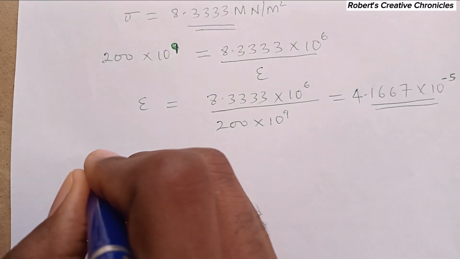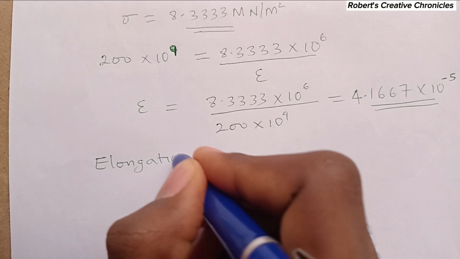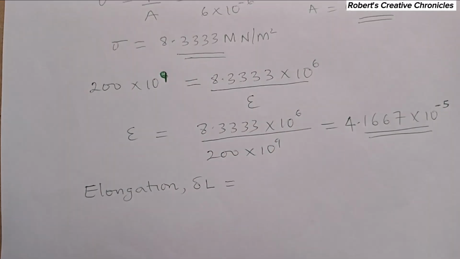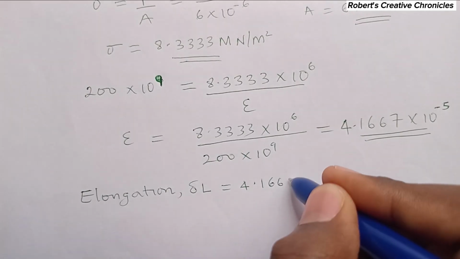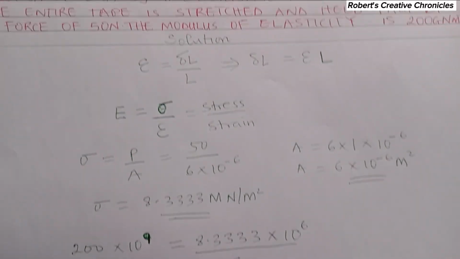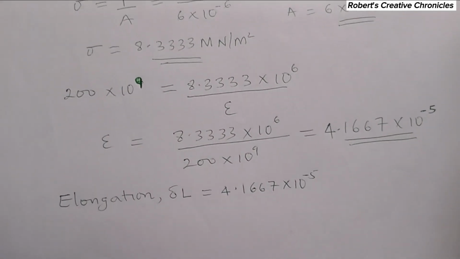So now the elongation, which is the change in length, is strain times the original length. And what's the original length? It's 30 meter.